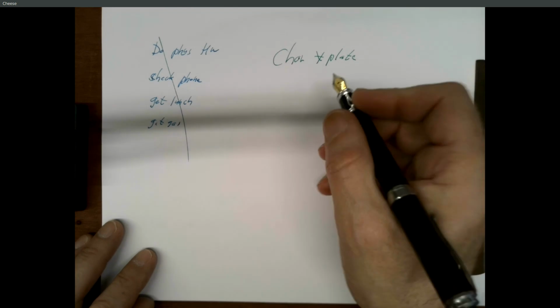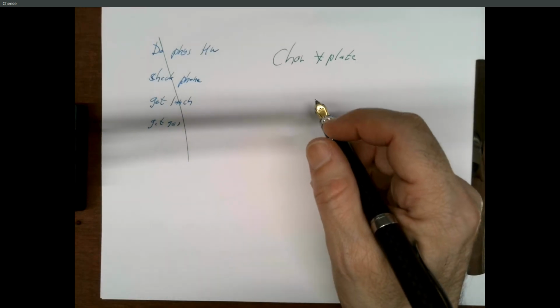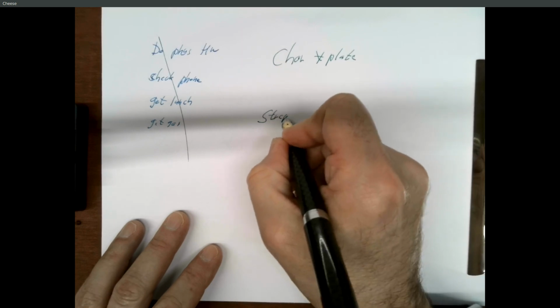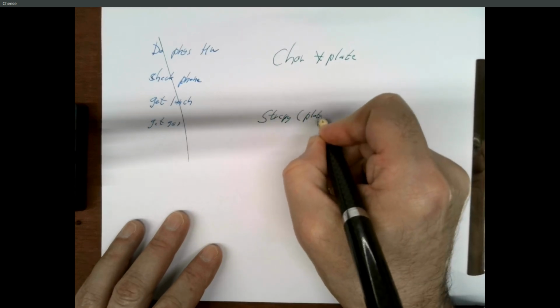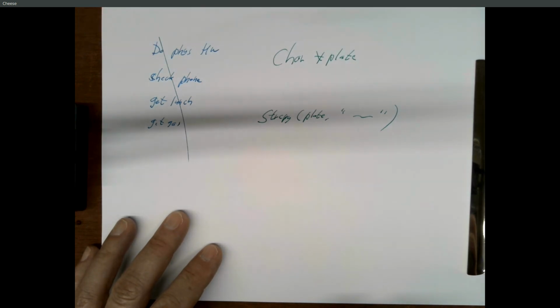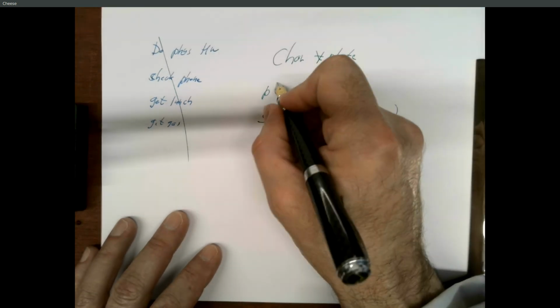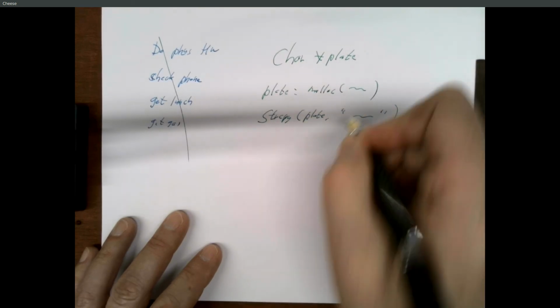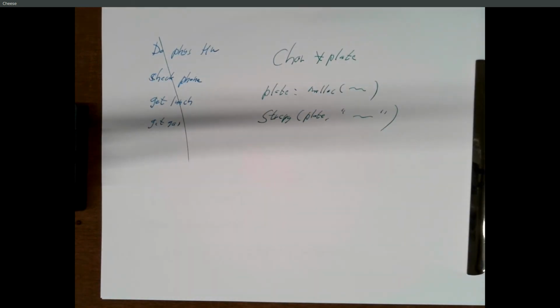Okay, so there are two issues. One is if you want to copy the contents of an array or a string into plate, you really want to use string copy. And before you can do that, you have to set up some space to copy those things into.